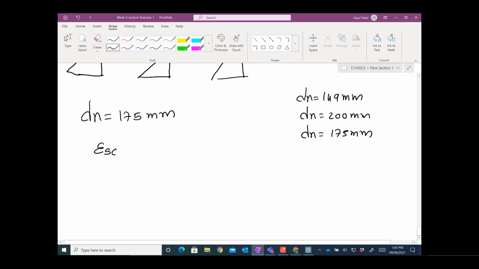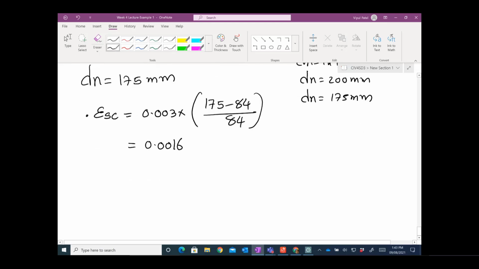So let's start with the strain in the top rebar: 0.003 times Dn value of 175, take away 84, over 175. I think I showed you this equation 3 times, so you know this value, right? 0.016. So that is the strain in the top rebar. Stress in the top rebar is equal to Young's modulus times the strain.